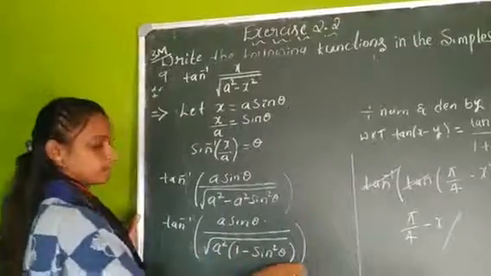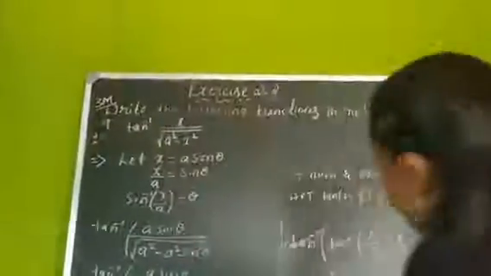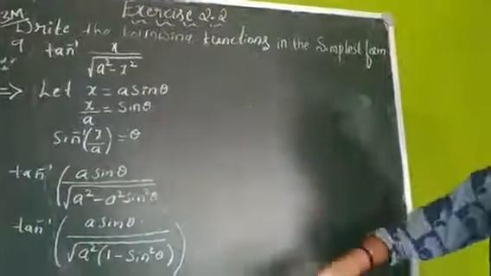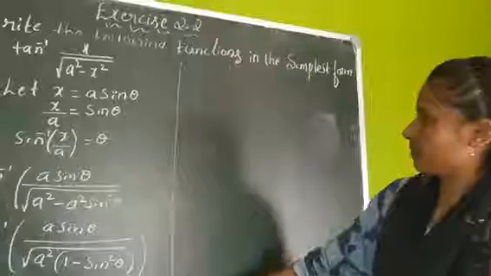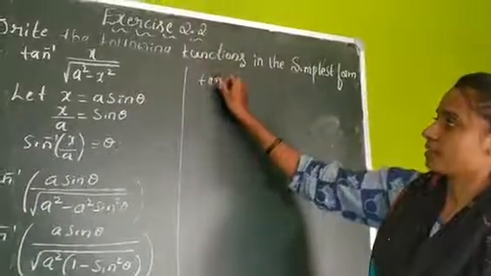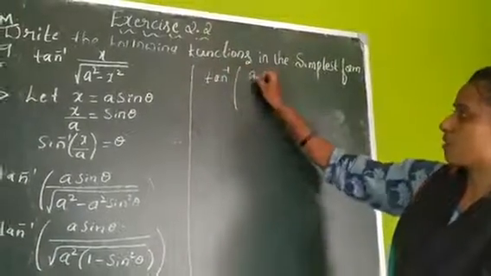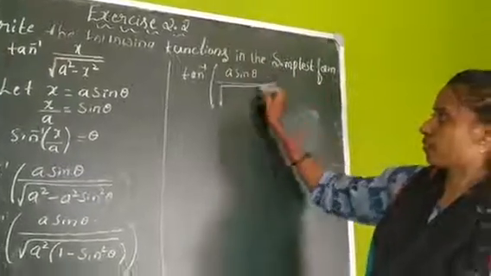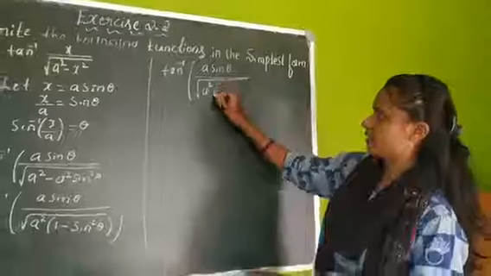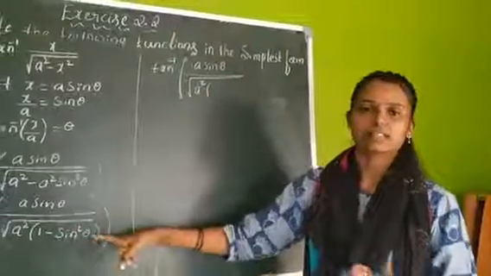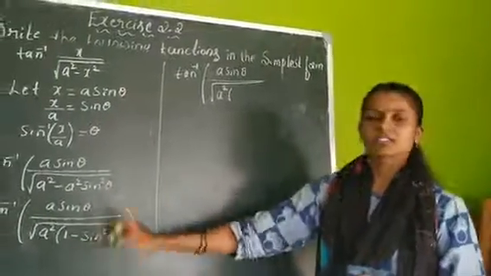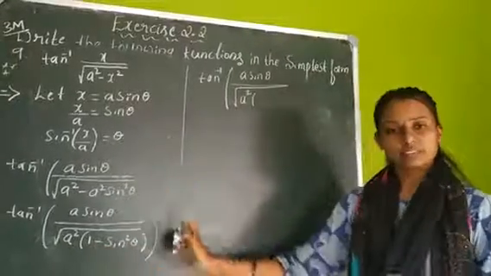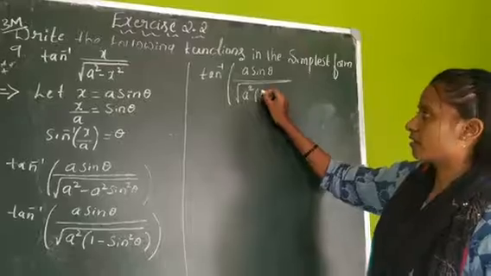Clear? Now I'll go with the identity. The trigonometric identity is sine square plus cos square is 1. Then 1 minus sine square will be cos square.